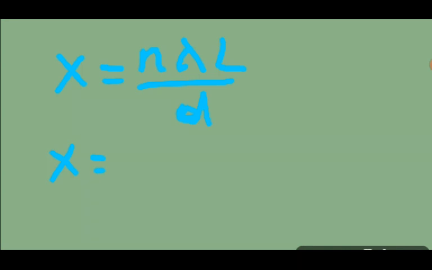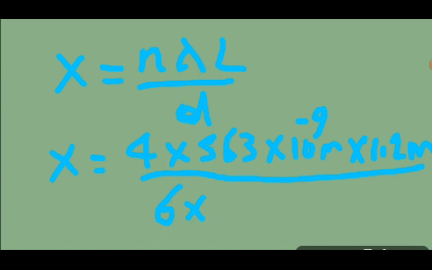So x is equal to n, which is 4 here, times lambda 563 times 10 raised to minus 9 meter, times the distance between the screen and diffraction grating, 1.2 meter, divided by d, which is 6 times 10 raised to minus 2 millimeter, converted to 10 raised to minus 2 in terms of meter.